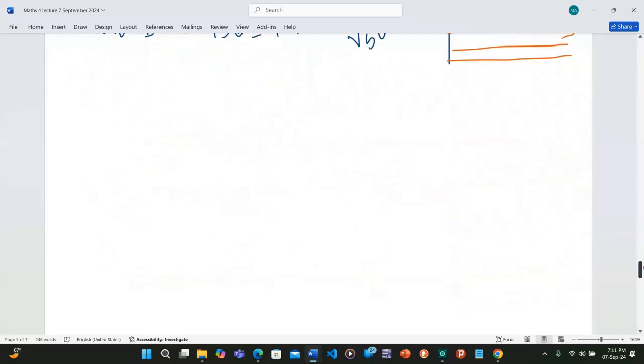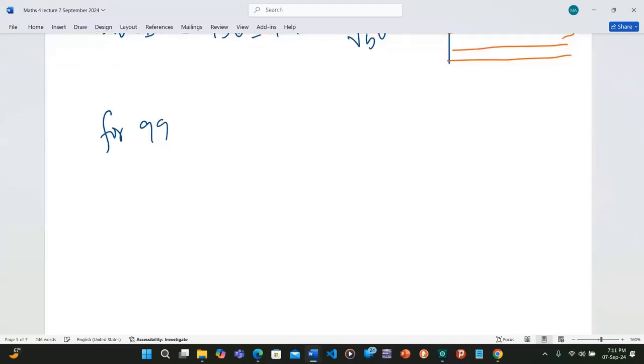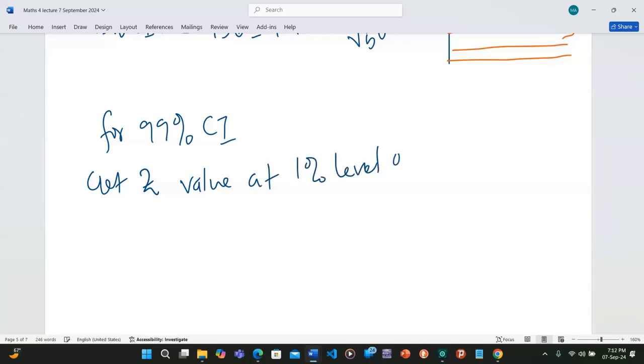Let's look for the 99% confidence interval. What we are going to do is to look for the Z value at 1% level of significance. So this is going to be 0.01.